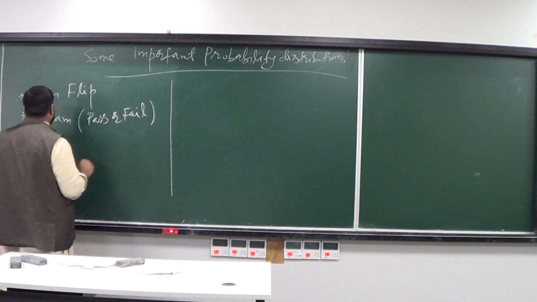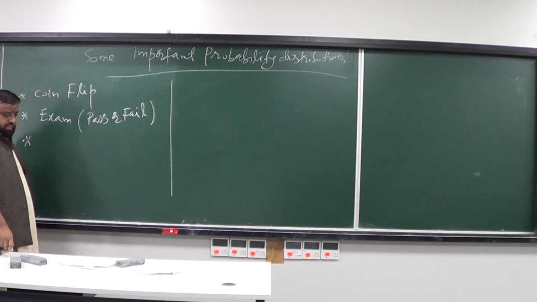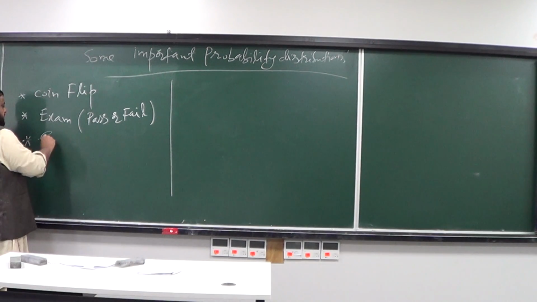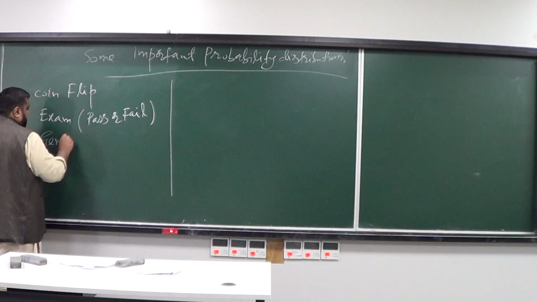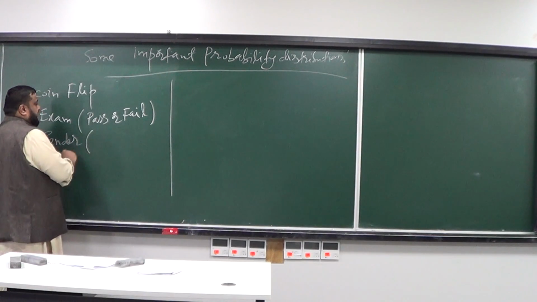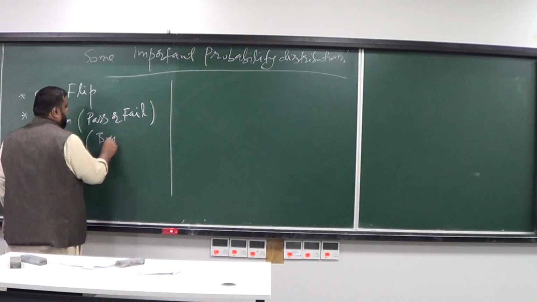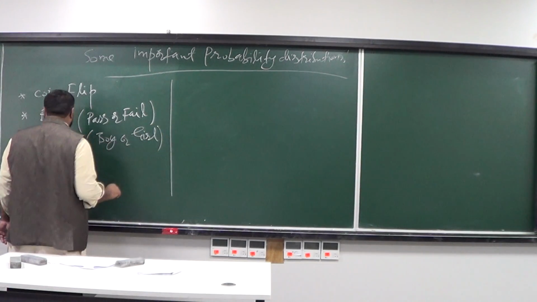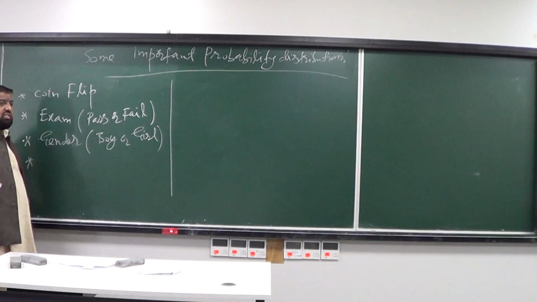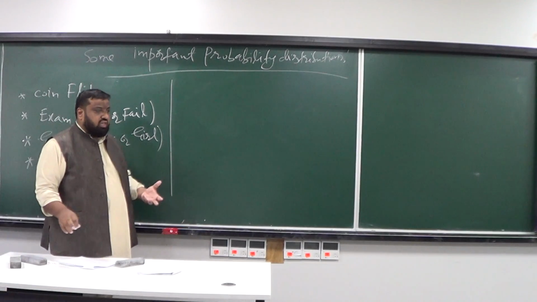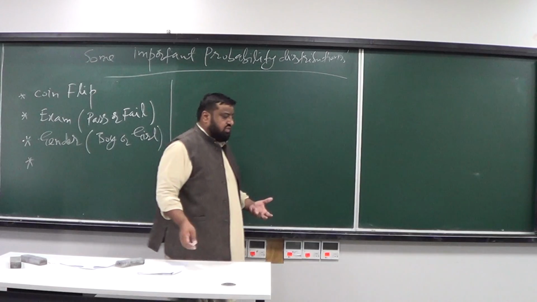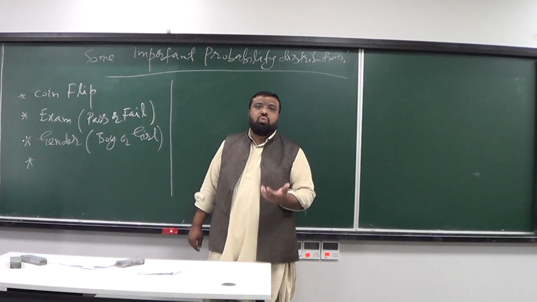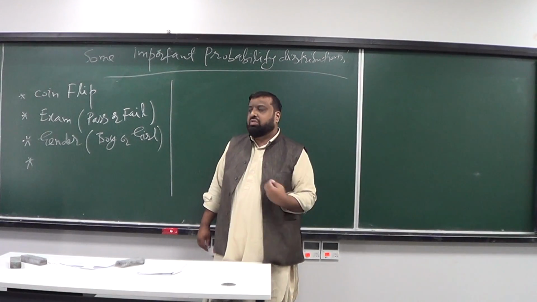Okay, for example the gender of a new baby born. Let's assume that there are only two genders. Or any kind of situation in which you do a random experiment and there are only two possible outcomes actually.